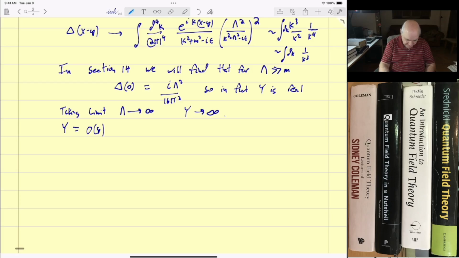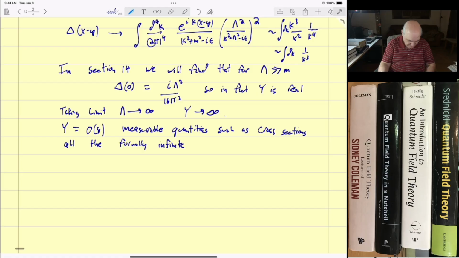we'll find that measurable quantities such as cross sections, all the formally infinite terms will cancel in a well-defined way.